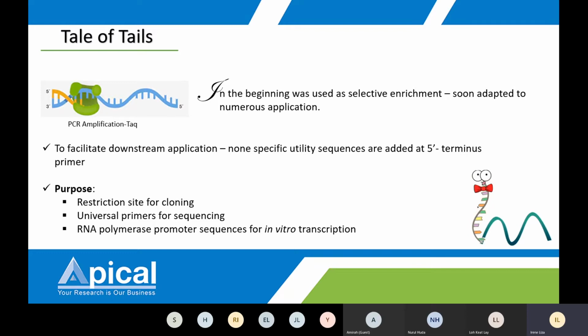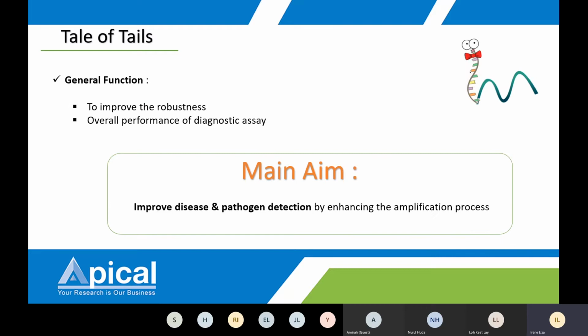The tails that are added, or the sequences that are added, serve a few purposes. The first purpose is definitely for cloning, so you have the RE sites. We also insert some universal primers for sequencing purposes, especially for Sanger sequencing. And there are also some RNA polymerase promoter sequences for in vitro transcription. So these are some of the sequences, or basically tails, that we add to facilitate downstream applications.